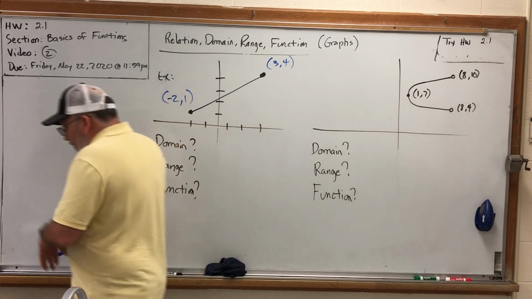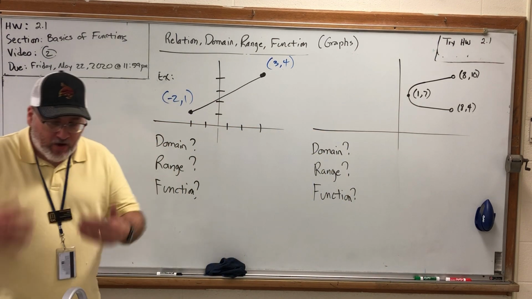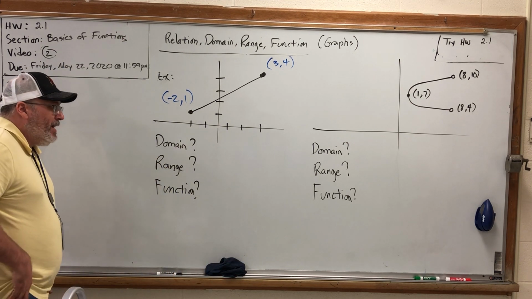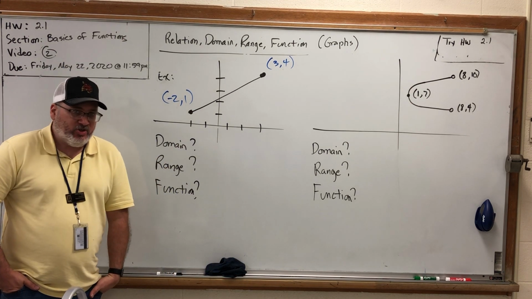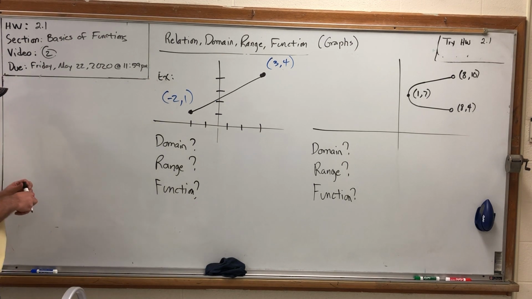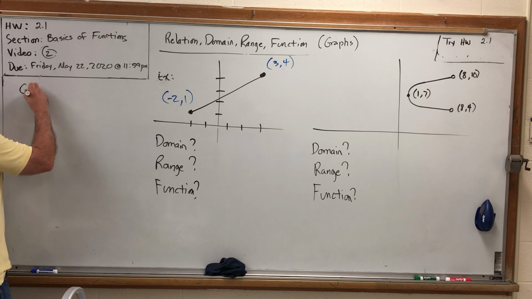Now, these graphs and all graphs do represent relations. How do they do that? Because isn't a relation a set of ordered pairs? Well, yes, and even though these are graphs, graphs are relations.